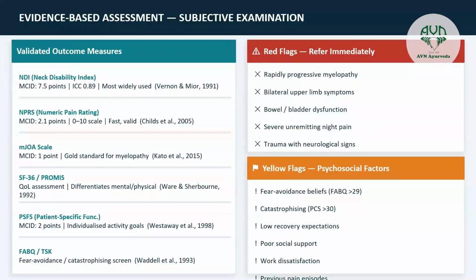There are certain red flags as well as yellow flags that we have to look into, so that we can triage the patient and refer the patient immediately to a higher center. The red flags include whether there is rapidly progressive myelopathy, and whether bilateral upper limb symptoms are there or not.